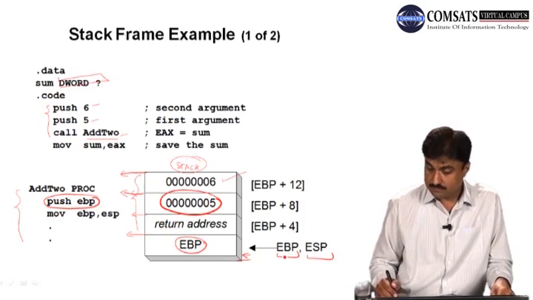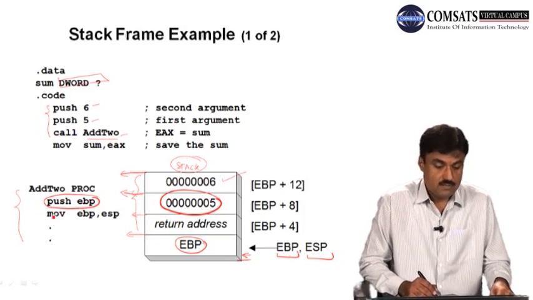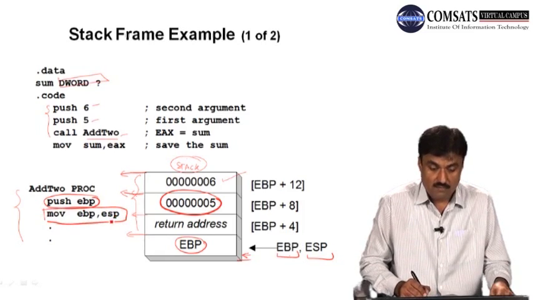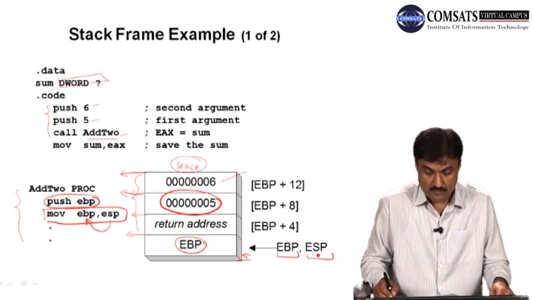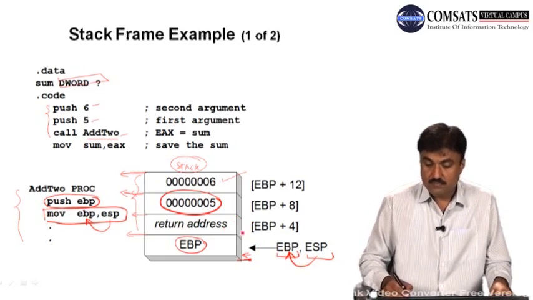So instead of using ESP, we are using the EBP. This instruction will assign the current value of ESP to the EBP. So whatever the current value of ESP is, it will be moved to the EBP. Now EBP is pointing here. Now if I want to access the address, I will add 4.